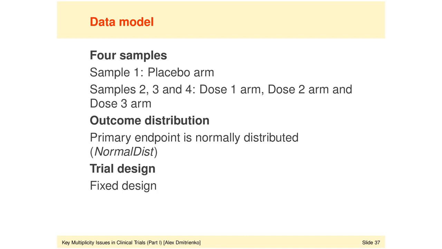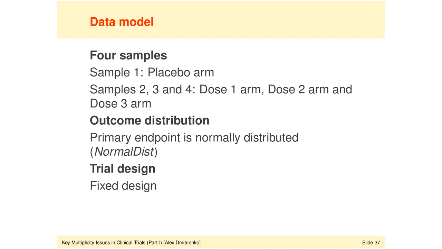Here on slide 36, we're going to dig a little bit deeper and point out that in this particular case, there are 4 samples. Sample 1 is going to correspond to the placebo arm, and the other 3 samples, labeled samples 2, 3, and 4, are going to correspond to the individual dosing arms in the trial.